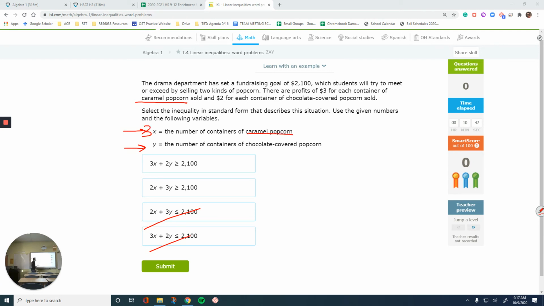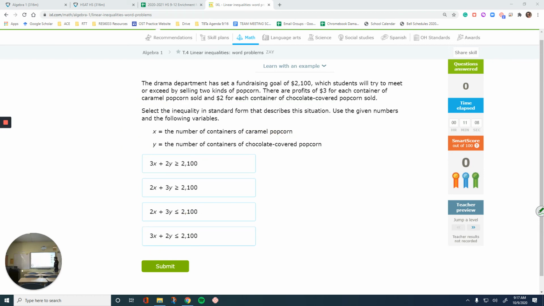And then $2 for each container, $2 for this one, that one here is $2. So this is what I'm looking for. 3x plus 2y is greater than or equal to 2100. Right here. I hope it makes sense.